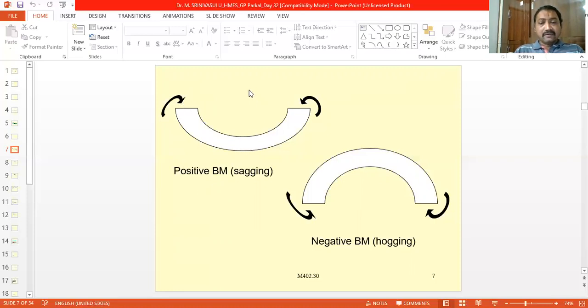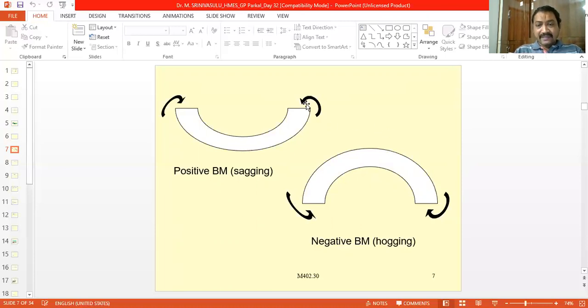So you just remember, to the right of the section, if the shear force produces anti-clockwise movement, then it is taken to be positive. And one more thing: if this is a section point, and to the right it is producing a clockwise moment, that is opposite to this one.